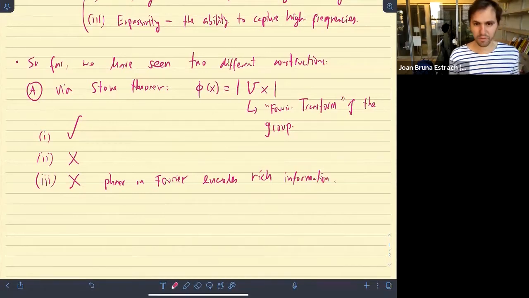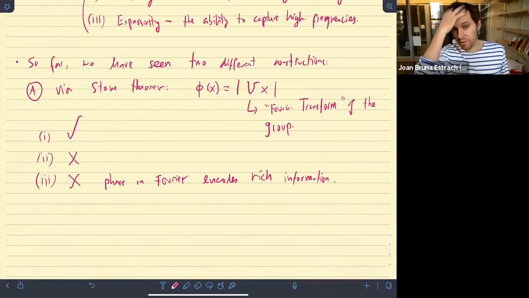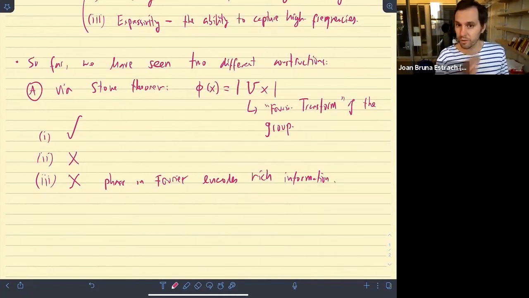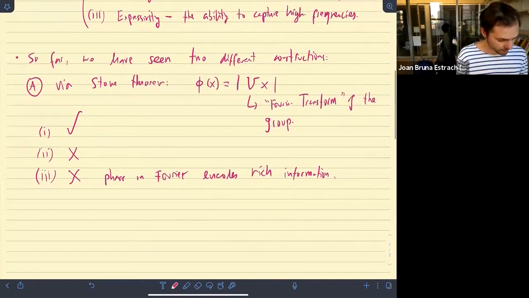If we throw it, we are throwing away a lot of information from the signal. We want to use this representation to learn properties that are in the input, so we don't want to throw information. Okay, so that's what we had with the Stone theorem.